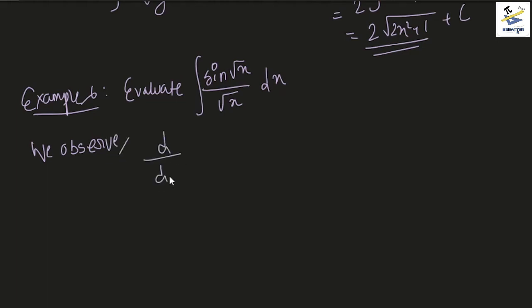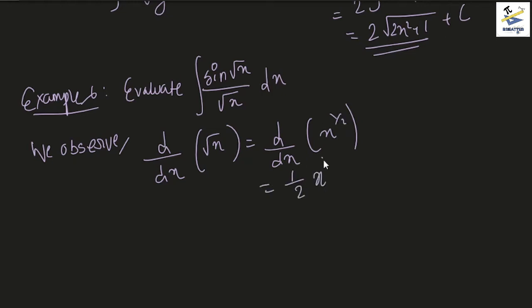d/dx of root x is just equal to d/dx of x to the power 1 by 2. Now we have learned previously that the d/dx of x to the power something is just the power comes out as a coefficient and the power is reduced by 1, which means it is half into x to the power minus half, or in other words 1 by 2 root x, right?